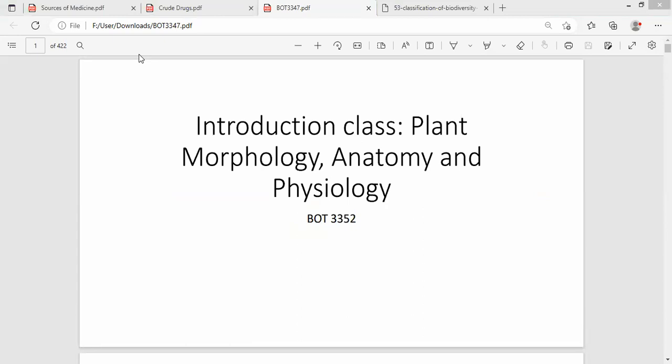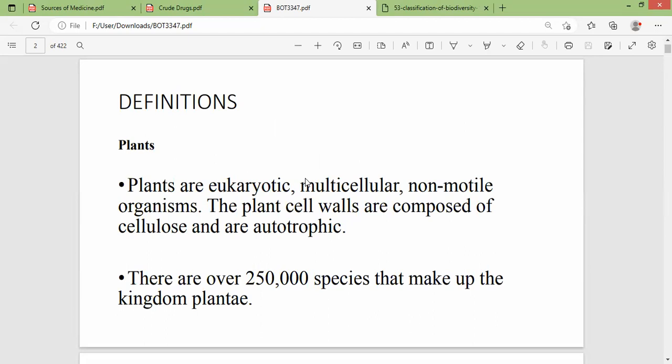Now we'll cover something small, the survey of the plant kingdom, and then we'll move on. So plants, they are eukaryotic. We know the other eukaryotes are humans, animals, and fungi, but the likes of bacteria are prokaryotic. Plants are non-motile organisms. They can't move.